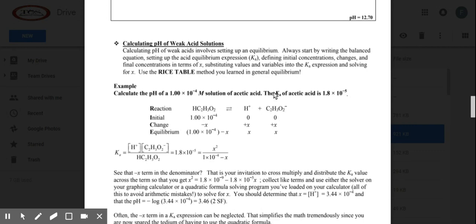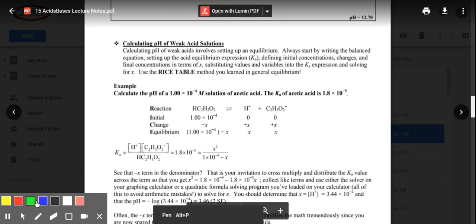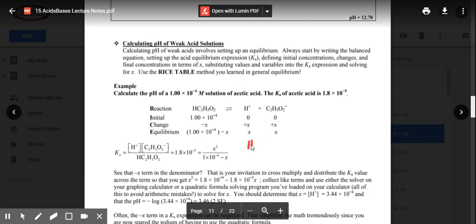Now, you could write it like this, or you can write it like this, which is probably what you're more familiar with: HC2H3O2 plus water, because when it's dissociating, it's going to be in water. And we have an acid plus a base here.